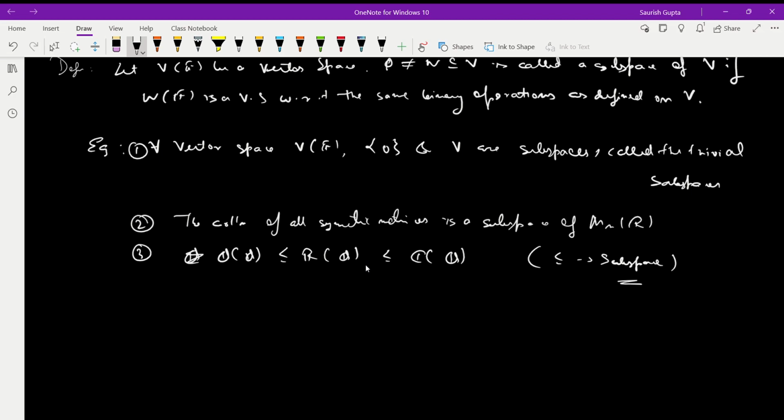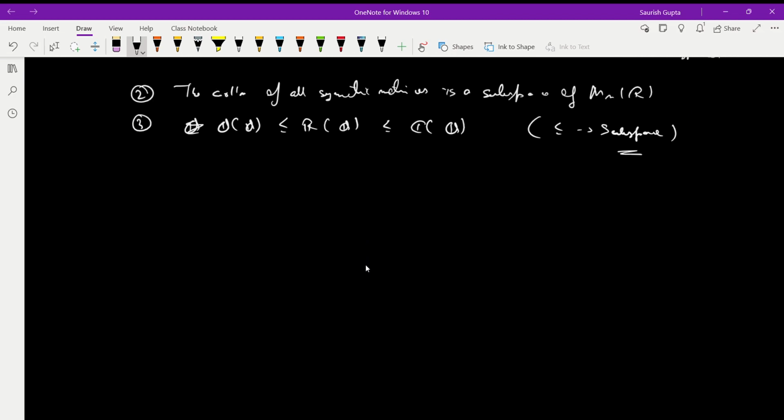Okay, got it. So I will end this lecture with the subspace criteria. How to check whether a given subset is a subspace or not.